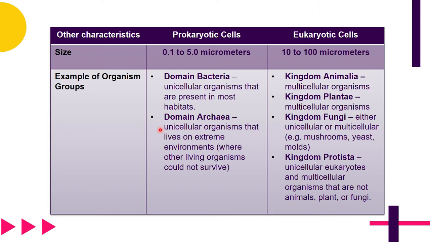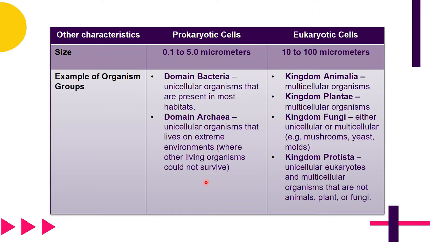They are only found in extreme environments, where the conditions are very harsh, for example hot springs. We cannot survive in a hot spring because it is very hot. Extreme environments are where other living organisms could not survive.